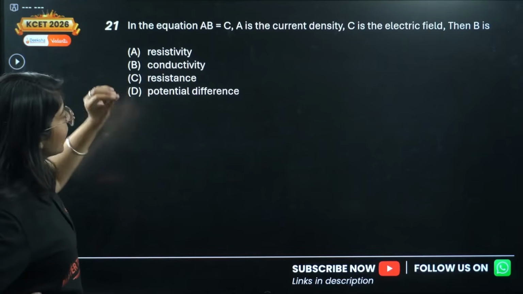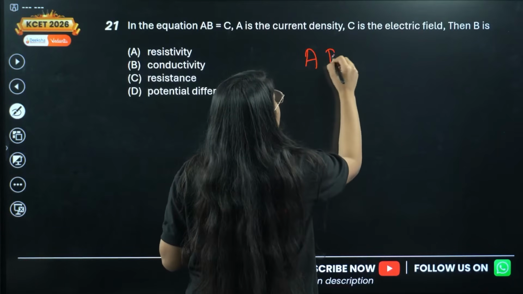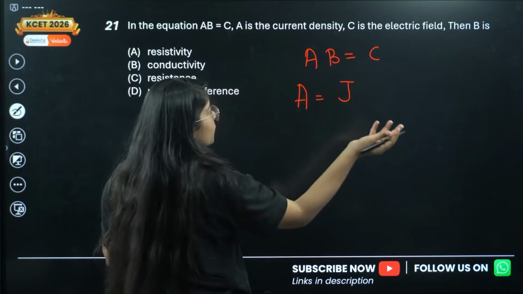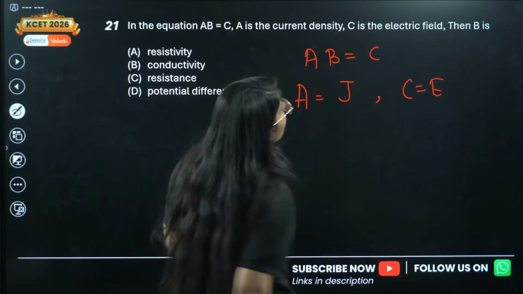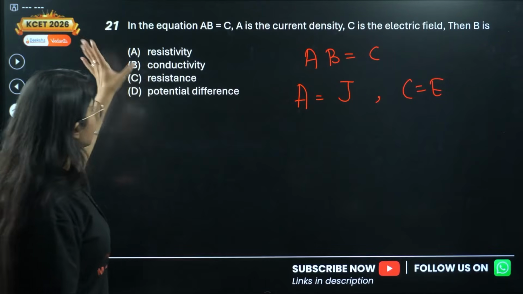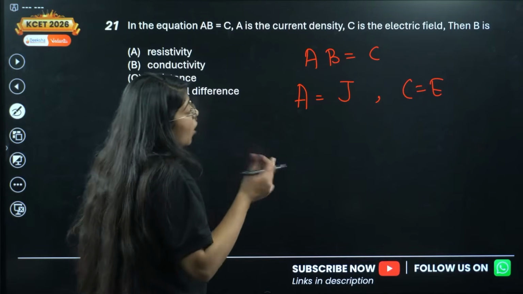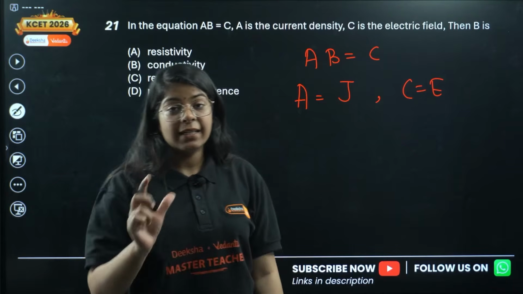If the equation AB equals C, where A is current density, that means it is J, and C is the electric field, then B is what? Resistivity, conductivity, resistance, potential difference. What is the relationship between current density and electric field?